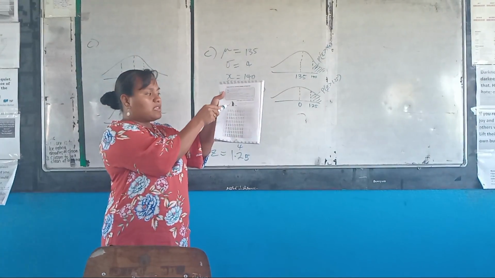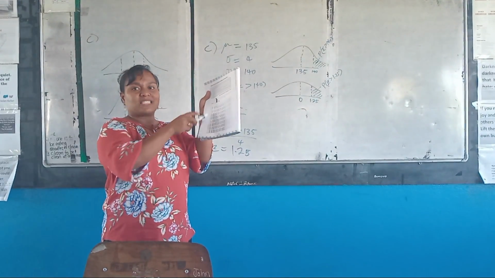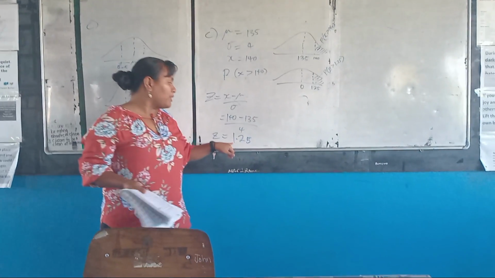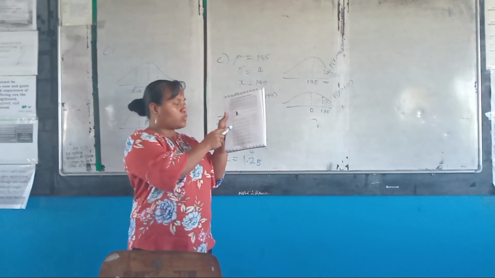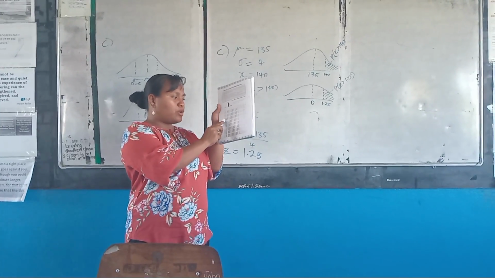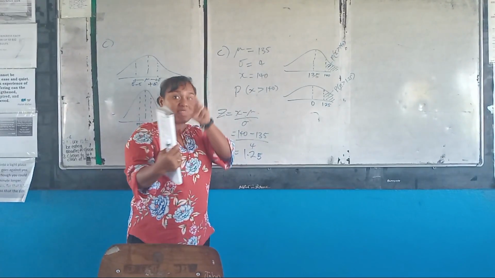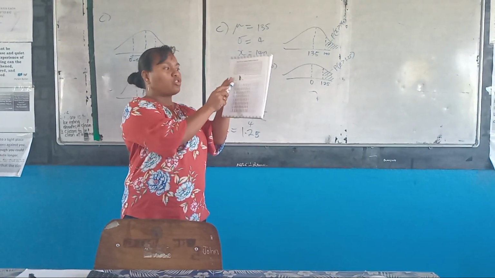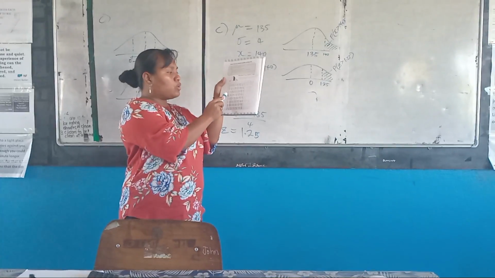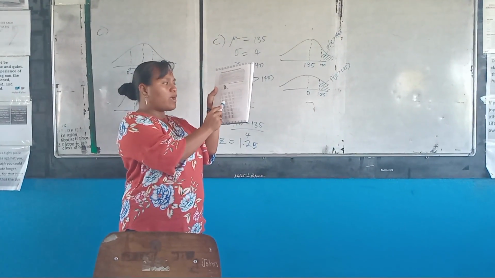For those who don't know how to use this table: firstly, in the z there's only one decimal place, so one decimal place is 1.2. Straight away you go to 1.2. Then the second decimal place is on top. So you go to 1.2 and then go straight to where 5 is.